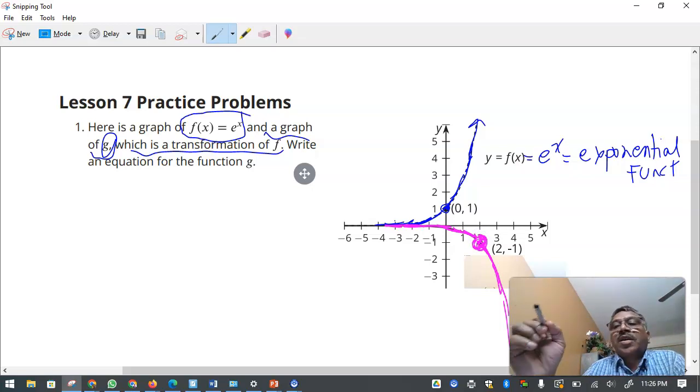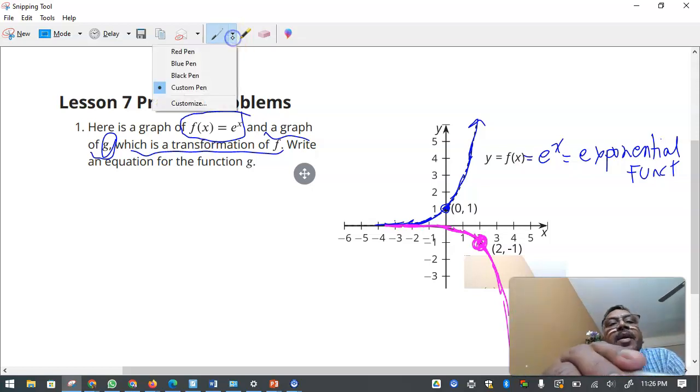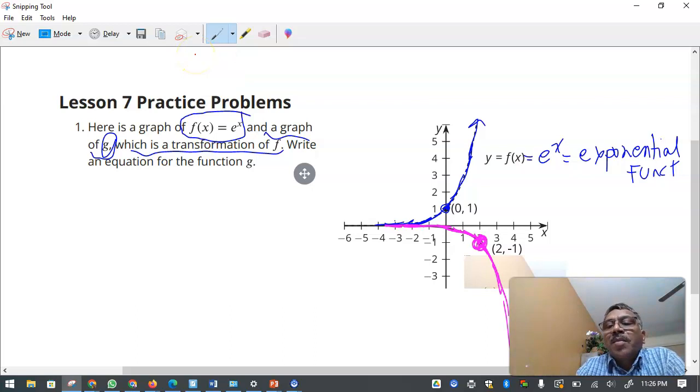You can do it different ways. You can pause this video for a while and see if you can try it yourself. The first thing I would do is, because of this point right here, I'm going to shift one place, two places. So everything is moved. If this is a point, it is moved 1, 2.